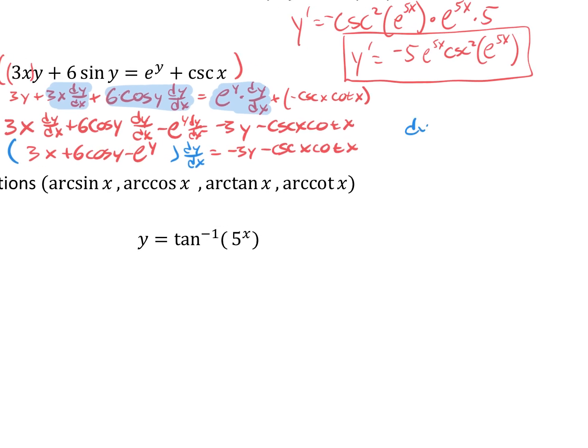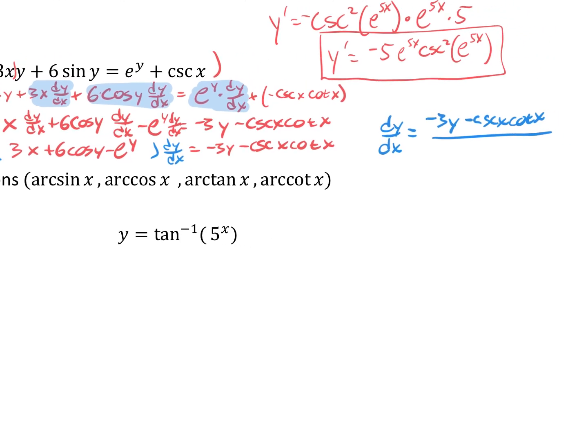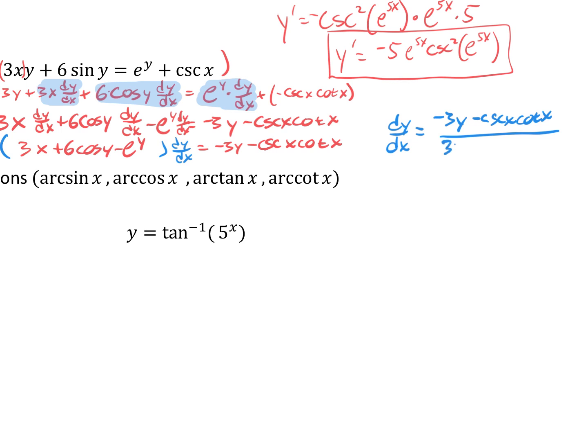So dy/dx equals all this stuff on the right, negative 3y minus cosecant x cotangent x, all over 3x plus 6 cosine y minus e to the y. And that's it. So we're going to find the derivative in terms of x's and y's.